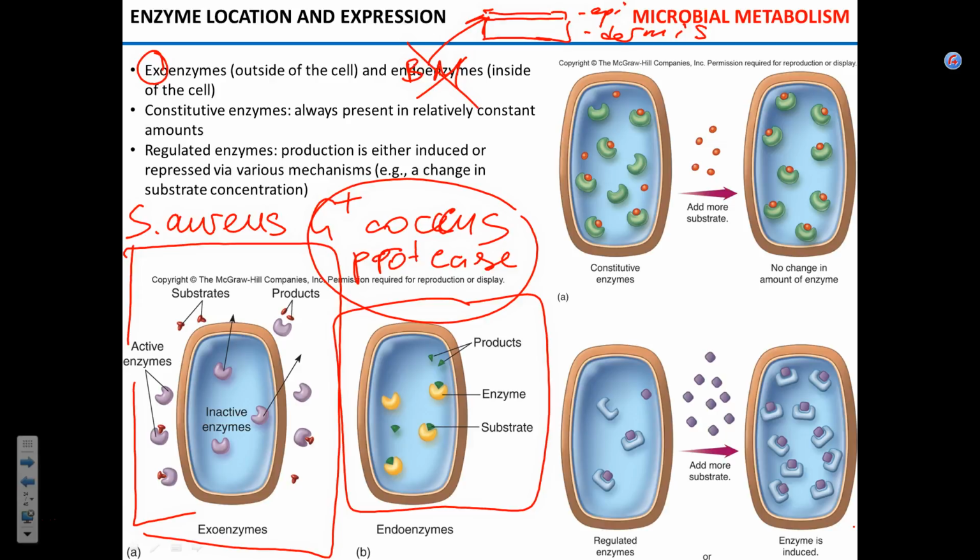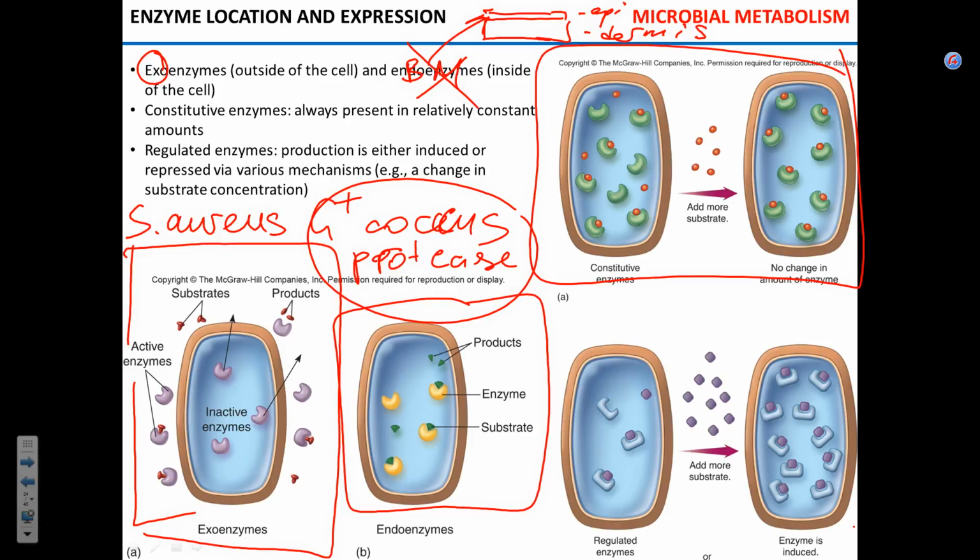Another way to classify enzymes is based on the regulation of their production, their making. Enzymes can be constitutive, which means they are produced at a constant level. Levels of substrate or levels of product do not change the enzyme production. Does that make sense? You have an enzyme that is always produced at the same level.